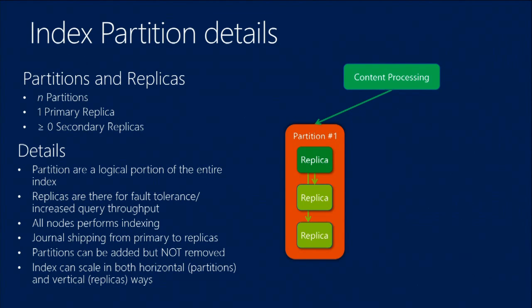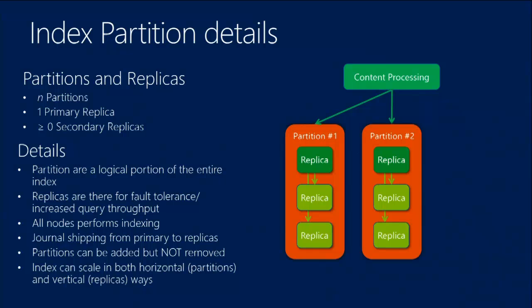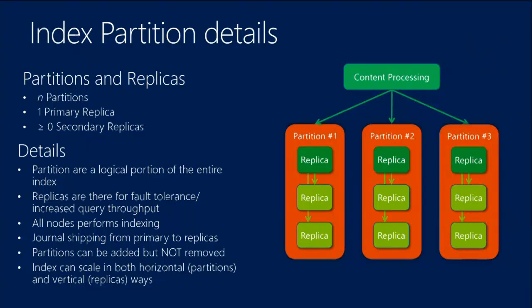To scale for document volume, if I want to add more documents to my system, it's really easy. With a new hashing that we now have in the index core, we move over and divide the existing documents, move over those documents that we need, and then add several partitions. So you can keep going. You can't keep going until the sky hits you, because the currently supported number is only 10.